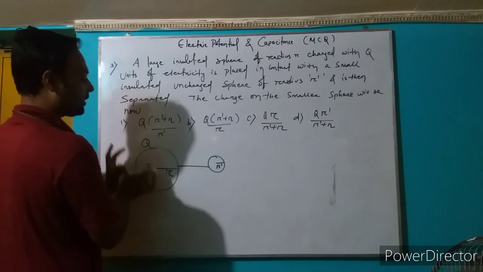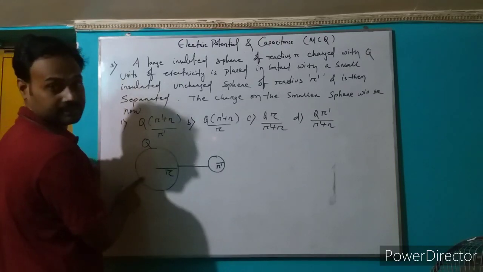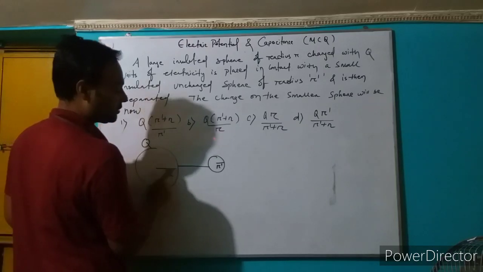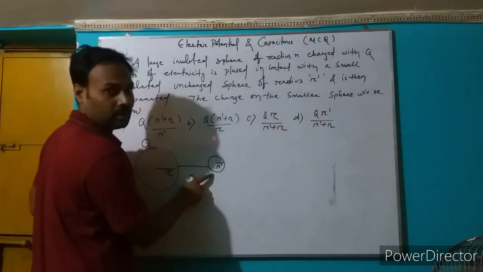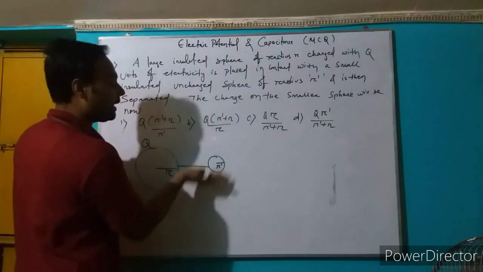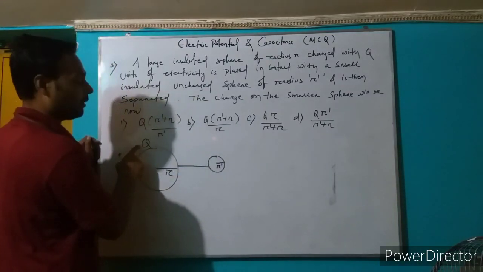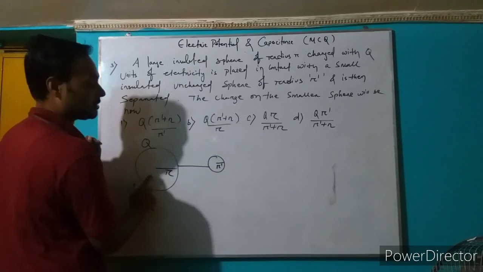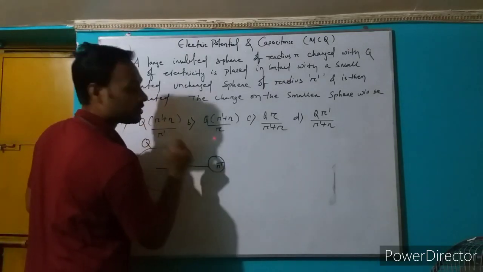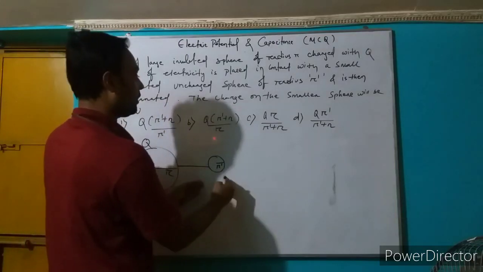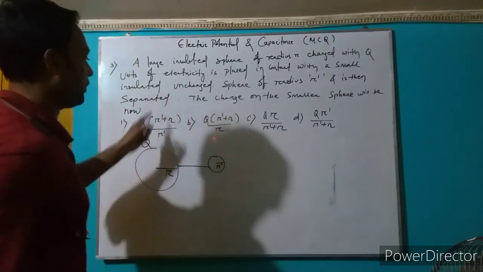Suppose a huge amount of potential is stored by the charged sphere while it is in contact with the uncharged sphere. In order to balance their potential, it delivers charge from the bigger sphere to the smaller sphere. After that, it becomes separated according to the question.